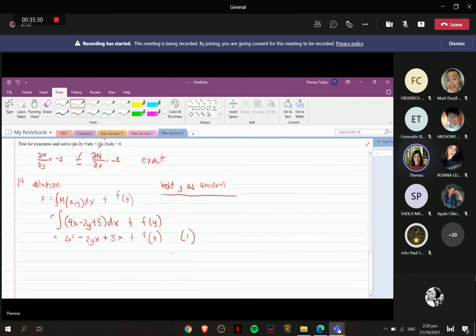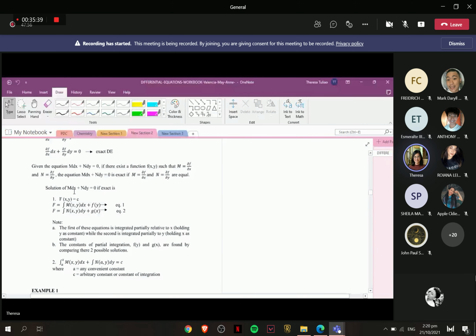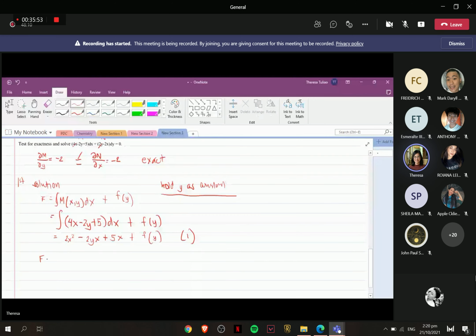And then, let's go to the second equation. Dito, yung N naman ang kukuhanan natin ng integral. Okay? So, second equation is f equal to the integral of N(x,y) dy plus g of x.